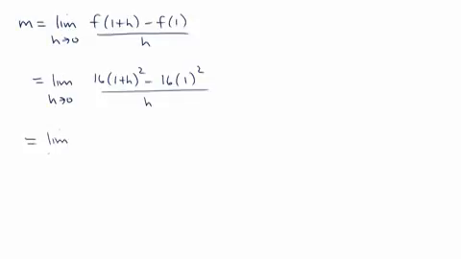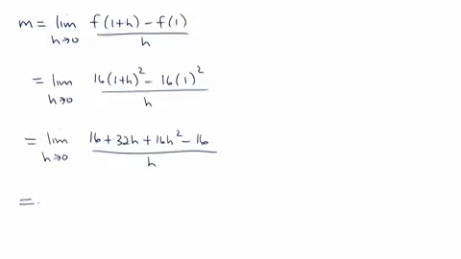What we'll do next is expand the binomial 1 plus h squared, multiplying each term by 16. That gives us 16 plus 32h plus 16h squared minus 16 times 1 squared, which is 16, all of that over h.